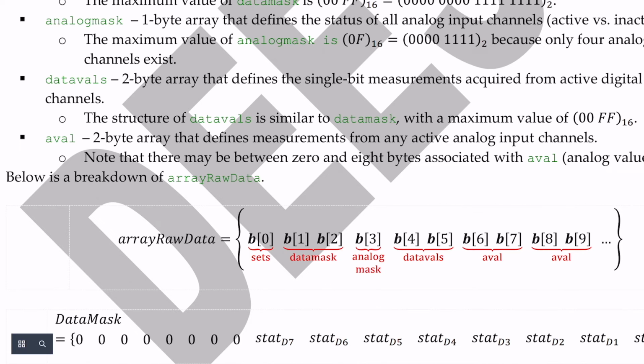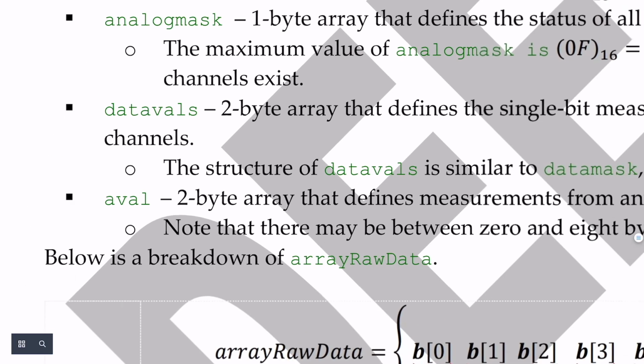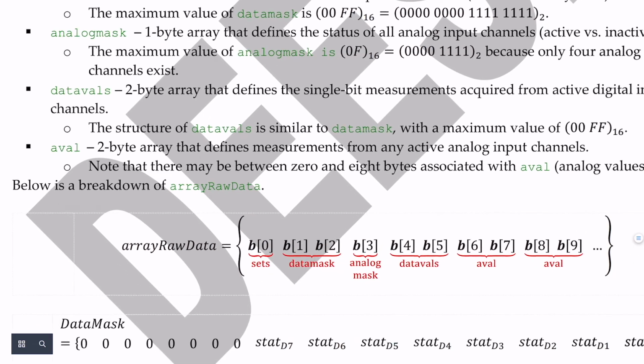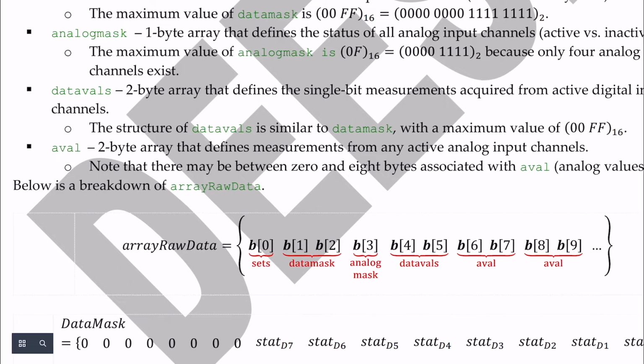So the numbering here is actually a little bit off, where the analog mask is going to start at B4, B5, because we have no data vals, the digital values description. Okay, so we know that each one of the following 2 bytes, 4 and 5, 6 and 7, 8 and 9, and 10 and 11, each 2-byte frame will define one of the analog measurements.